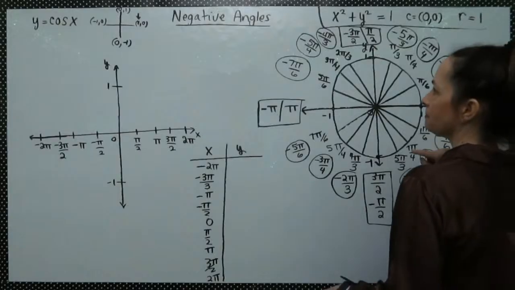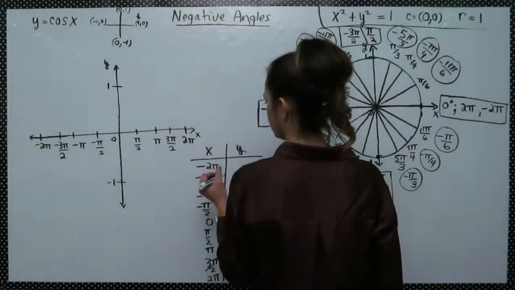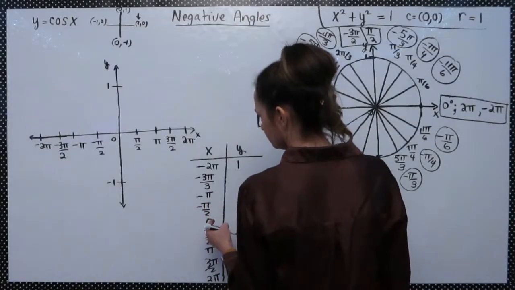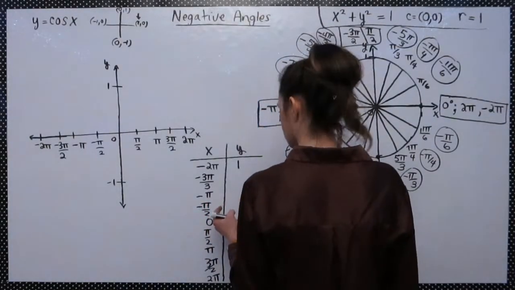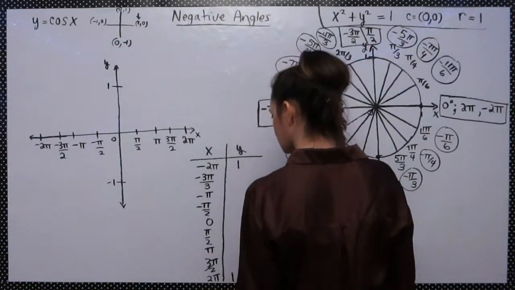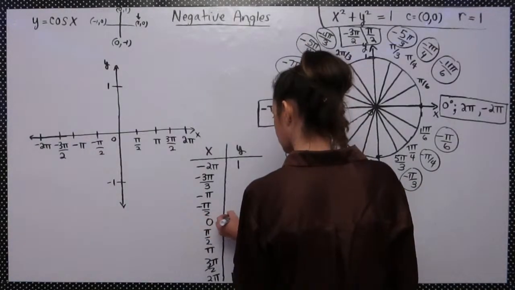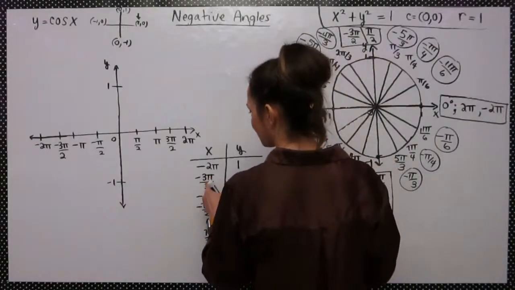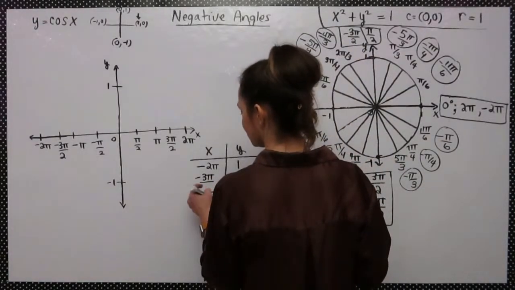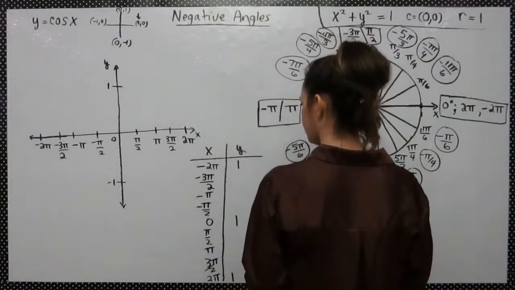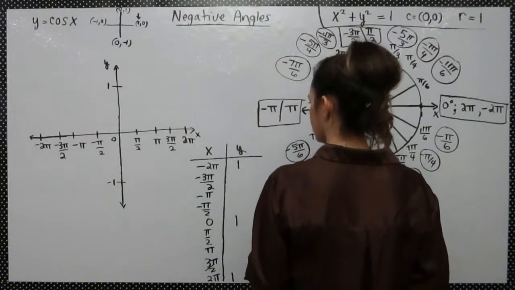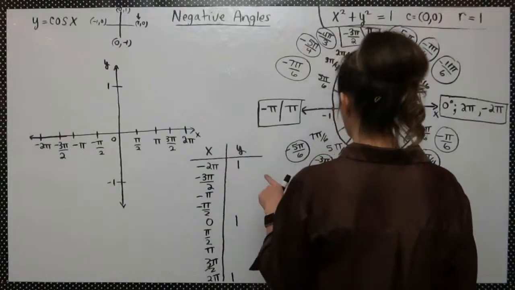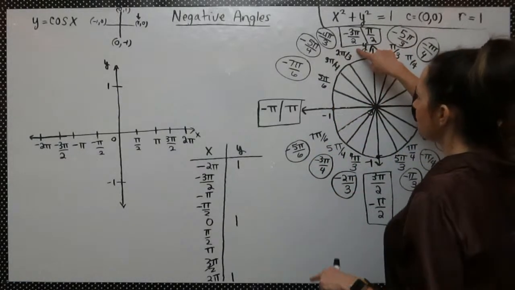And my x component is 1. So I've got 1 here. And I've got 1 at 2 pi, and also at 0 degrees, I have quantity 1. This is 3 pi over 2. Silly me. All right. So at negative 3 pi over 2, we're right here at pi over 2.